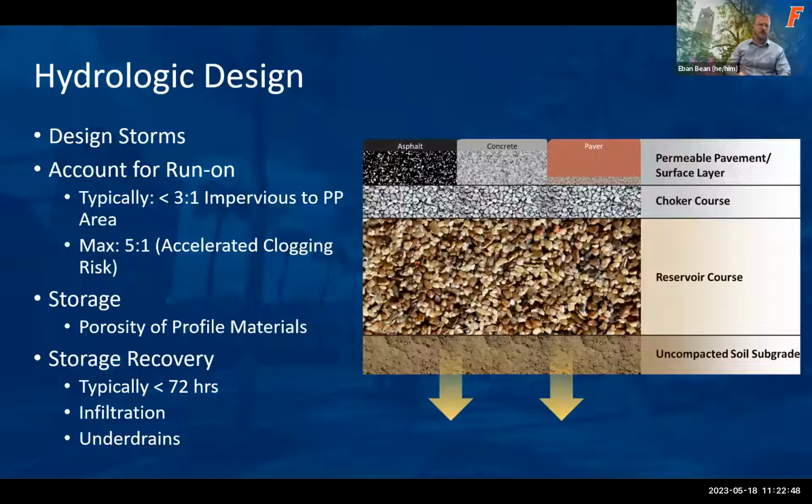When we look at the hydrologic design, we're oftentimes using a design storm to look at the performance of the system. As you said, when pavements are maintained and free of sediments or fine particles on the surface, they are not going to be limiting to the direct rainfall intensities that we experience.